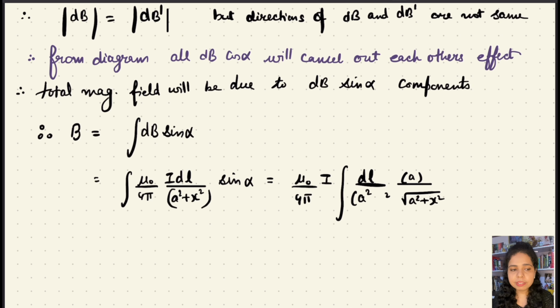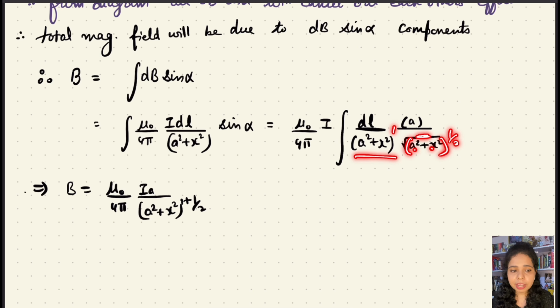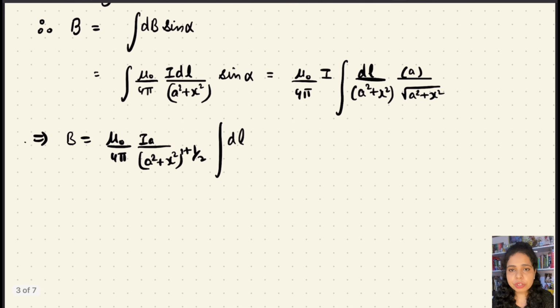Now B is equal to mu naught I upon 4 pi, a upon a square plus x square whole raised to power 1 plus 1 by 2. Here we have power 1, and a square plus x square has power 1 by 2 if we remove the under root sign. If the bases are the same, then powers are added up. So B is equal to mu naught I upon 4 pi, a upon a square plus x square whole raised to power 3 by 2, integral dl.